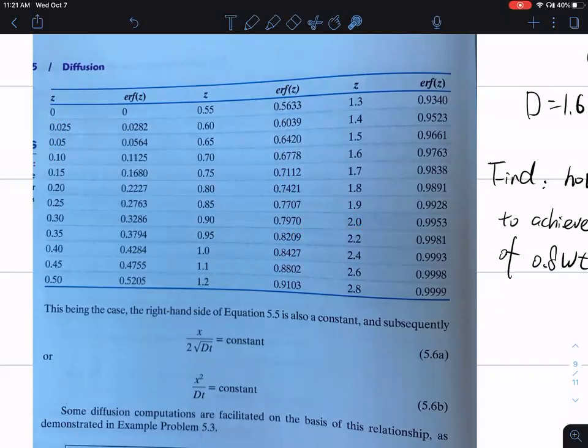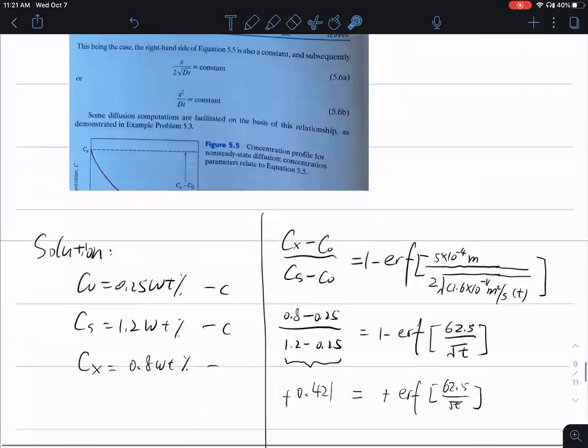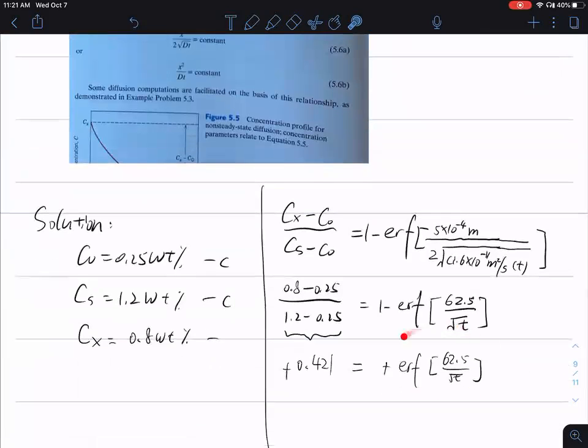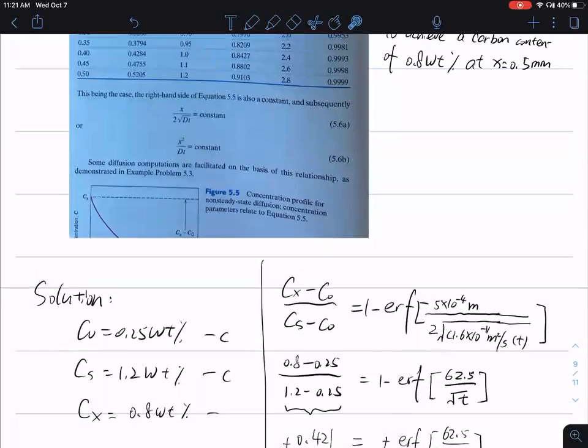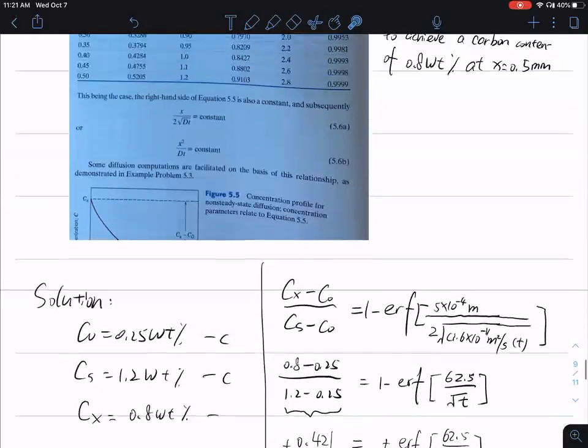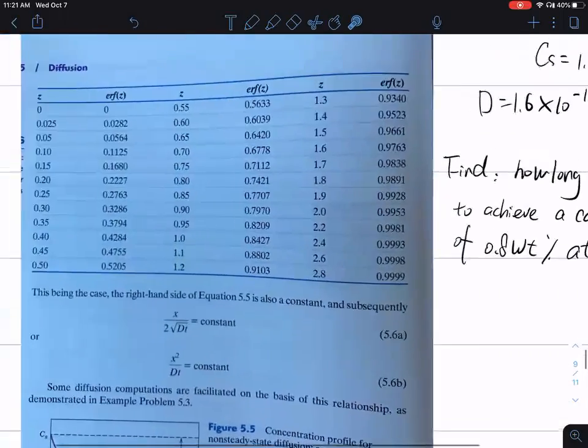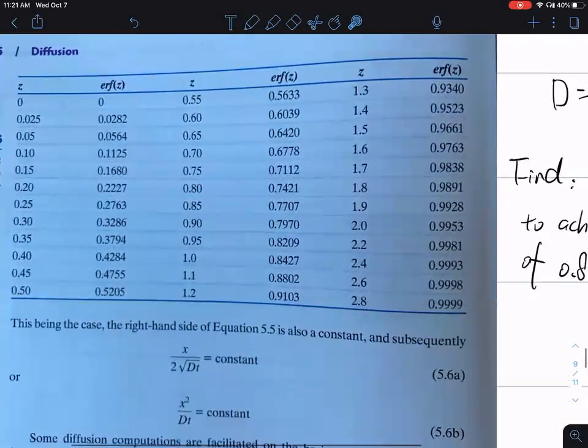So in this case, let's go back here. We know the value of ERF, which is 0.421. Can we go to the table to find out where's 0.421 for the error function value?